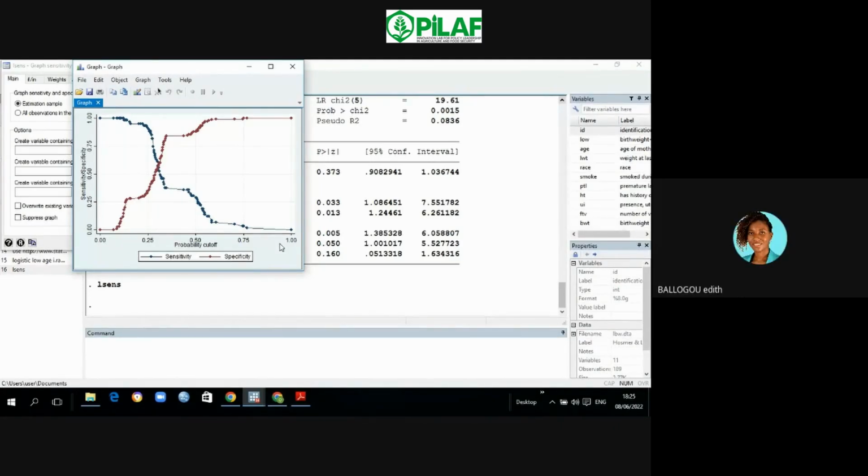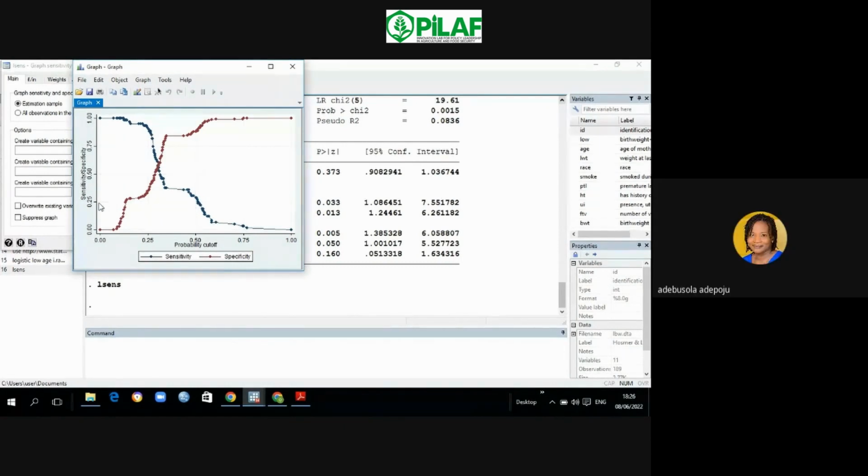The blue one is sensitivity, and the red one is specificity. You can see the probability cutoff. For instance, if we look at the probability cutoff 0.50 on the x-axis and move up to the blue line, which is sensitivity, and read it, that's 0.25.